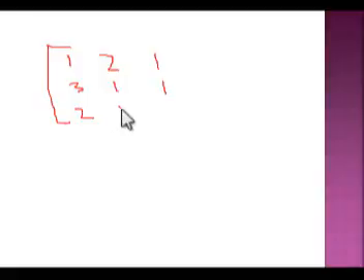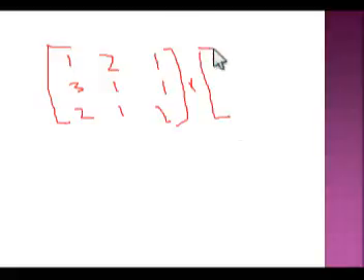I am giving another example. If the orders are bigger, then what will happen? This is a 3 by 3 example, which is more important. 1 2 1, 3 1 1, 2 1, with another matrix 0 1 0, 2 0 1, 1 1 0.